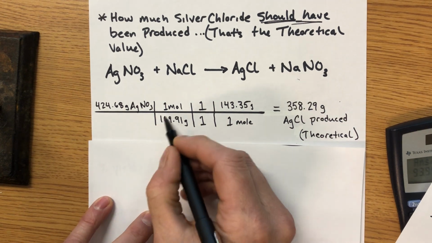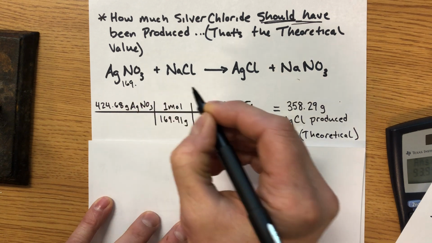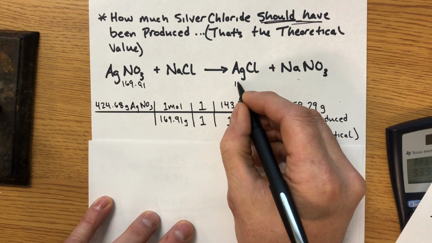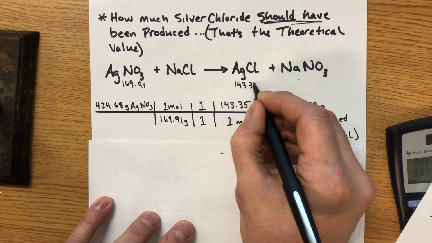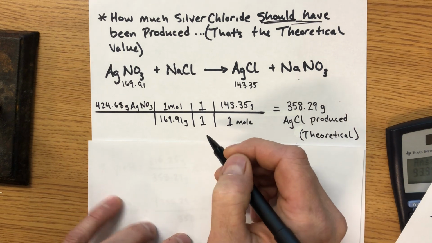And so these numbers are coming from silver nitrate, this is 169.91, and then the silver chloride is 143.35. Just calculate those numbers before you start, because you'll have to use them.